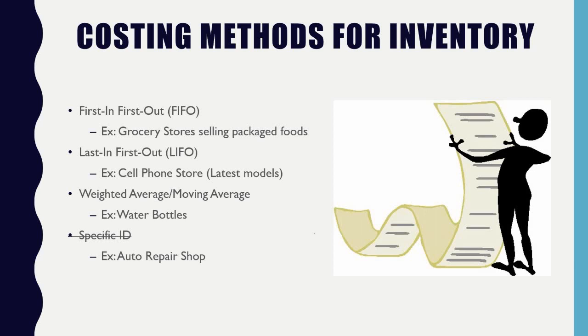Maybe if I buy it now, the expiration date is going to be September 1st. And the next batch of milk I buy, the expiration date is going to be September 11. That is why you would definitely want to sell your older milk first, because if you don't, it's going to end up rotting in the back, and then you end up losing out on that opportunity for profit.